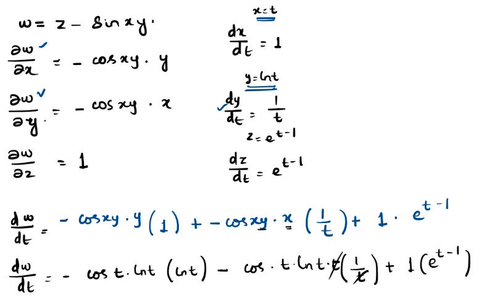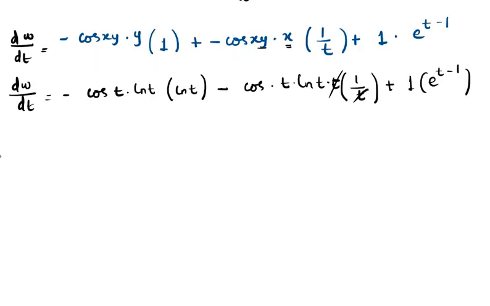Now as you see in the question, we have to find the value of dw by dt at t is equal to 1. So wherever you have t, put the value as 1.